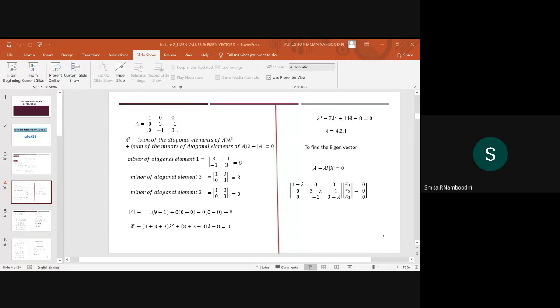First, the diagonal elements are 1, 3 and 3. We have to calculate the minor of each diagonal element.